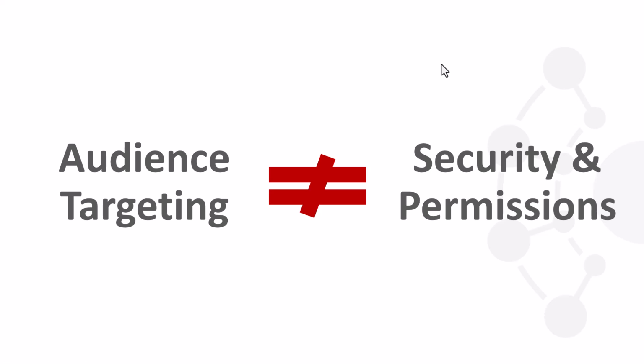One important thing I also want you to note, and it is so important I decided to capture it on a slide for you here: audience targeting is not the same as security and permissions. Security and permissions has to do with whether or not users have access to a particular piece of information, for example, a document or a particular announcement.